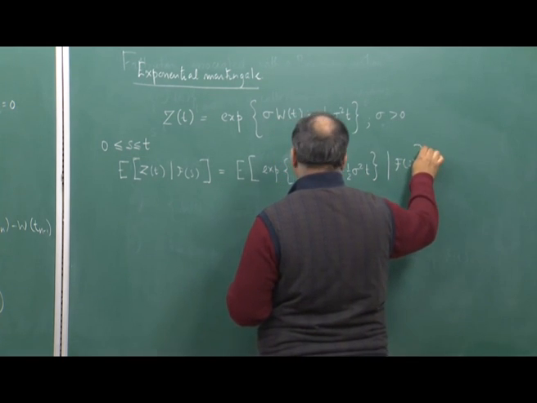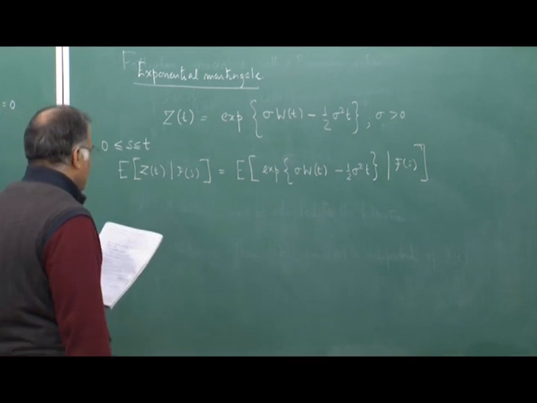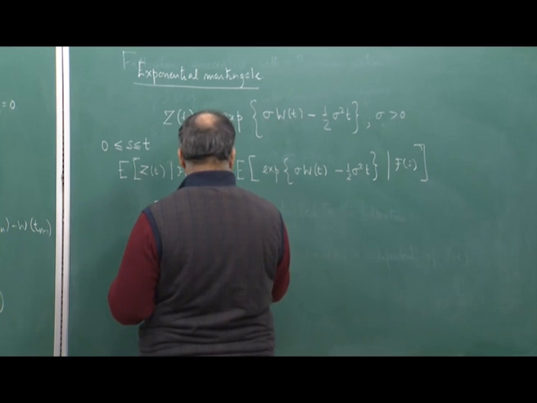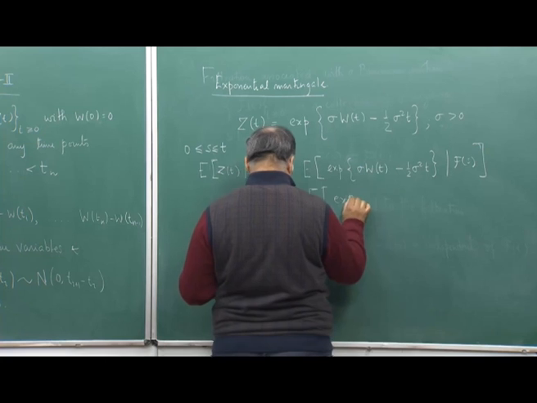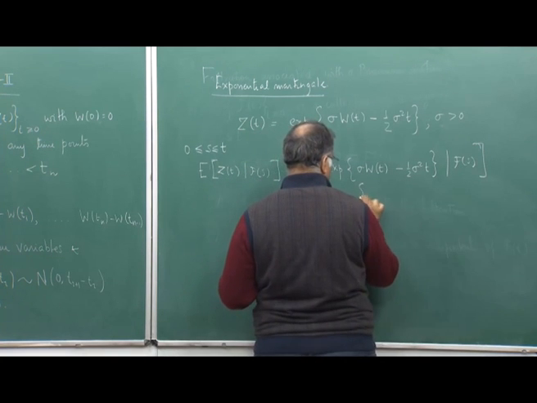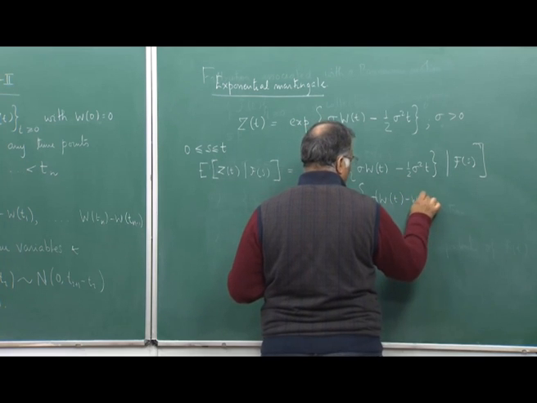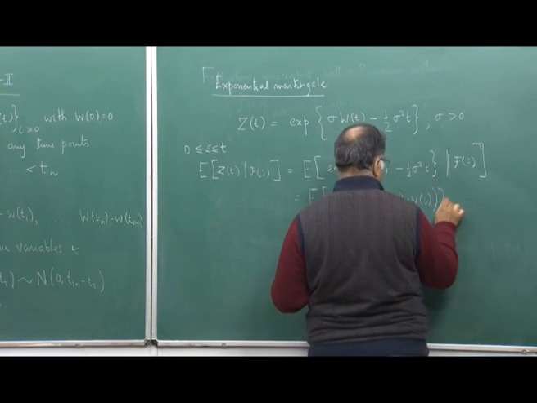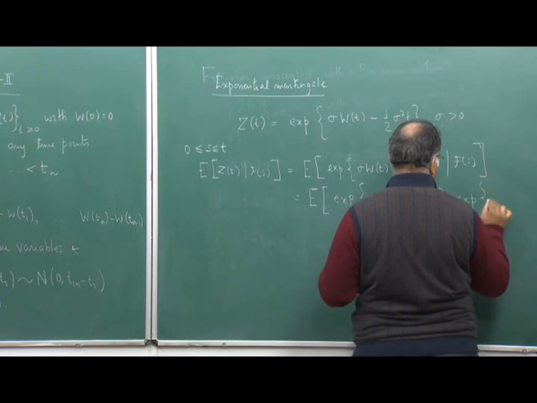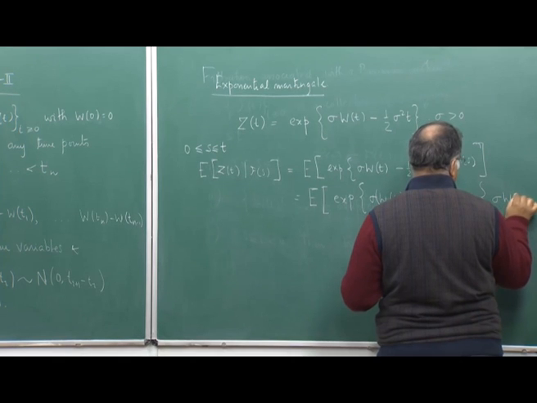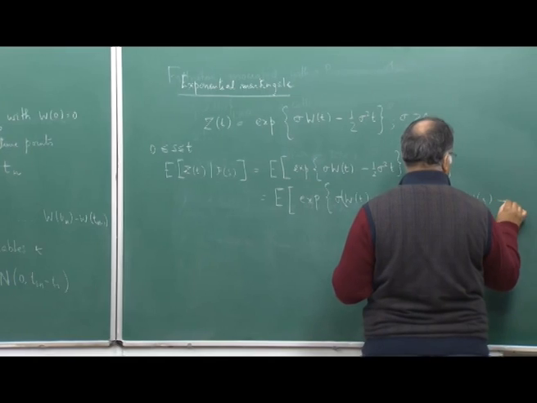So, F is a filtration associated with the Brownian motion Wt. So, you have added sigma Ws and subtracted sigma Ws from here.